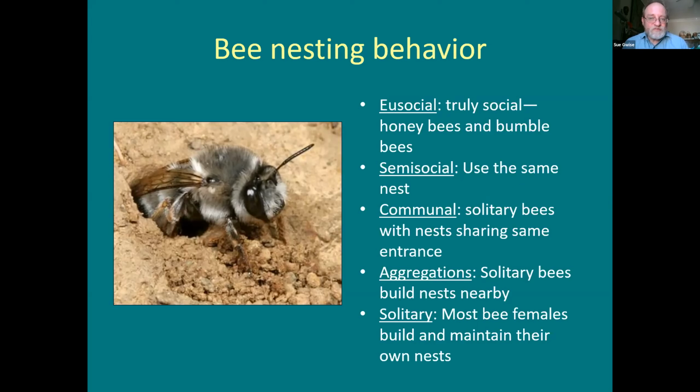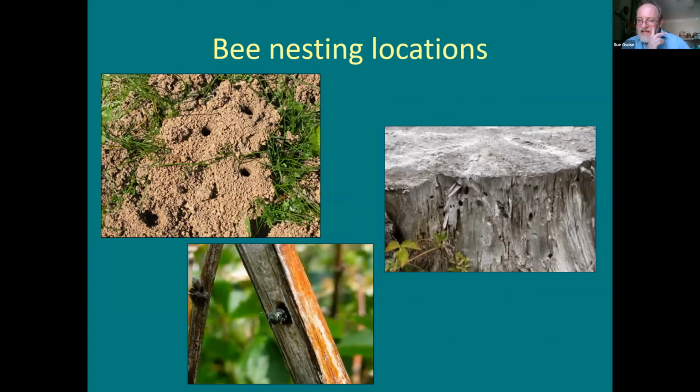There are communal bees that are technically solitary bees, but they'll use the same nest hole entrance. And then there are aggregations where solitary bees build nests that are nearby one another. I'll show you a picture of that in a minute. Finally, there are just solitary bees that females build and maintain their own nests, and they're totally independent of other bees. So a wide range of nesting behavior in bees, and a wide range of places that bees build those nests.